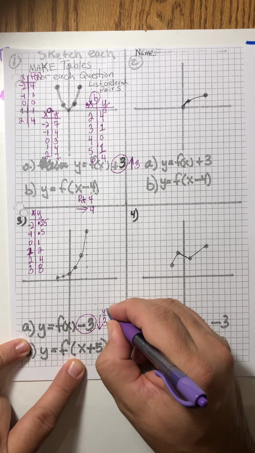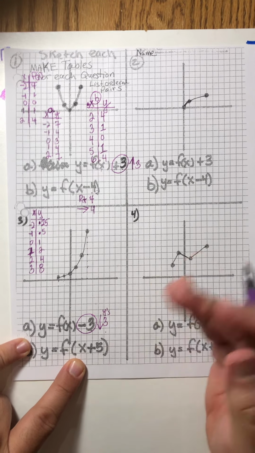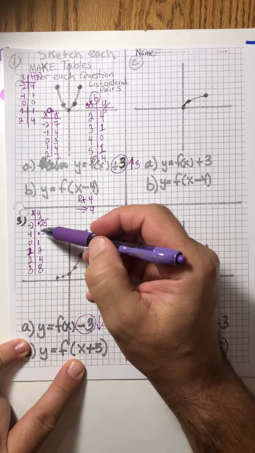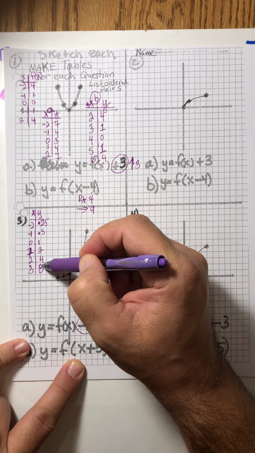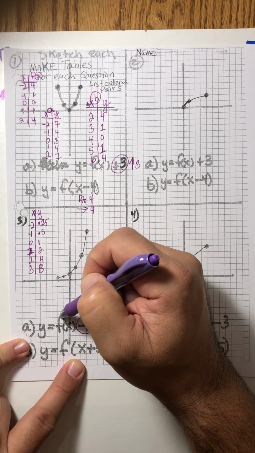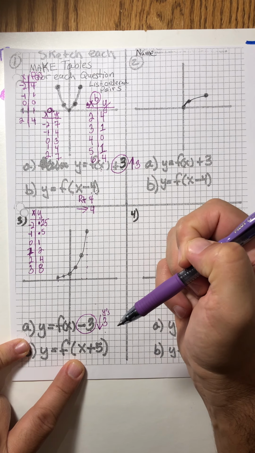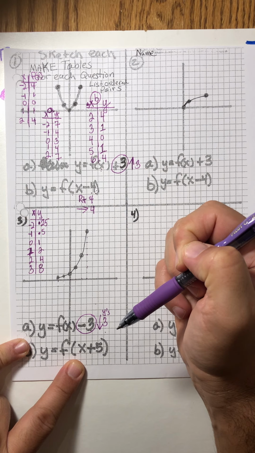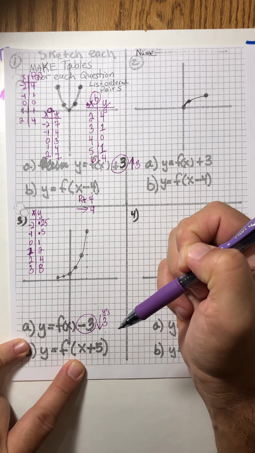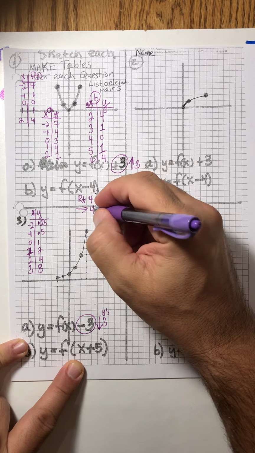So the y's go down 3. Down 3 means subtracting 3. So every single one of these y values, I'm going to subtract 3. What do we do to the x's? Nothing. That's right. So where am I going to squeeze this in? I will squeeze it in right here.